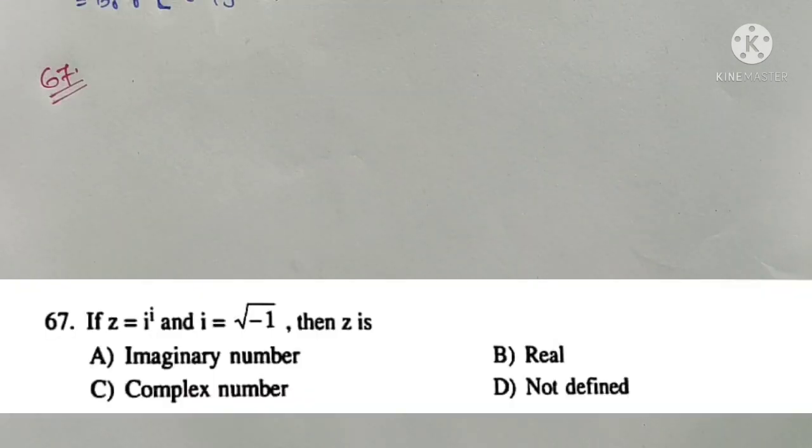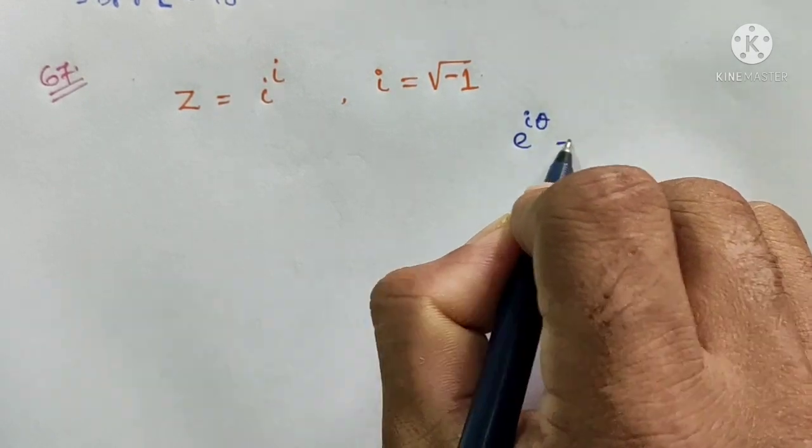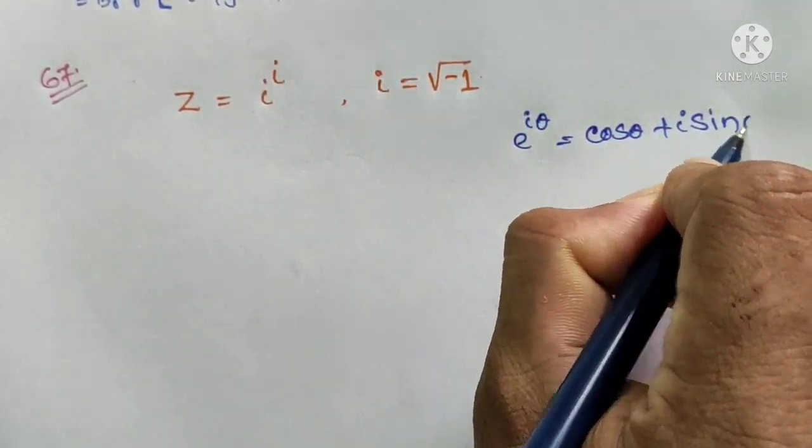Question number 67. If z equals i to the power i, and i equals the square root of minus 1, then z is. We know exponential i theta equals cos theta plus i sin theta.